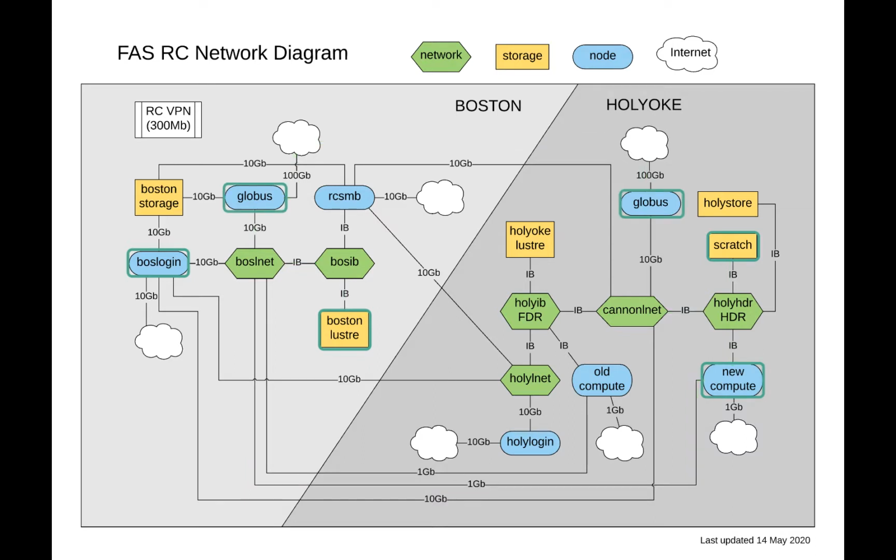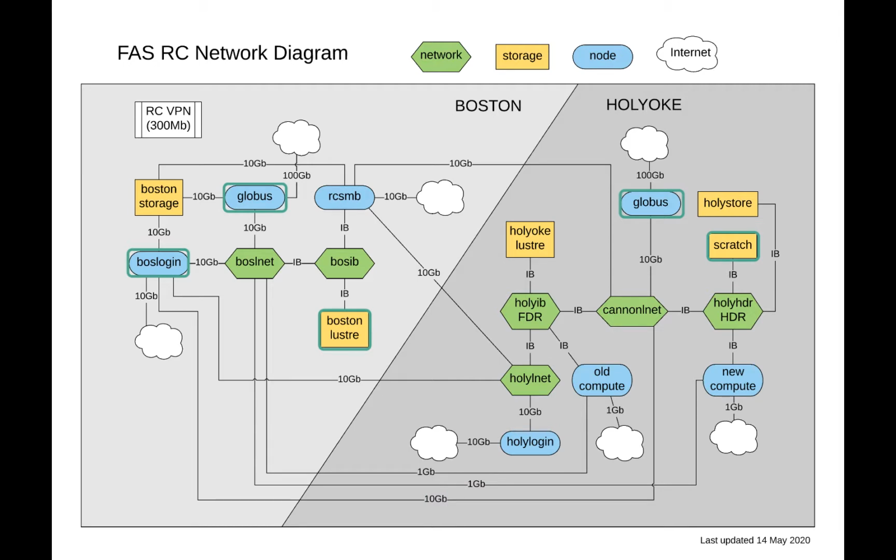Notice that the Holyoke compute nodes only have a 1 gigabit per second connection to the Boston network via BOS LNet, whereas the Boston login nodes have a 10 gigabit per second connection to Holyoke via Canon LNet. So the Boston login nodes are better than the Holyoke compute nodes for this transfer.